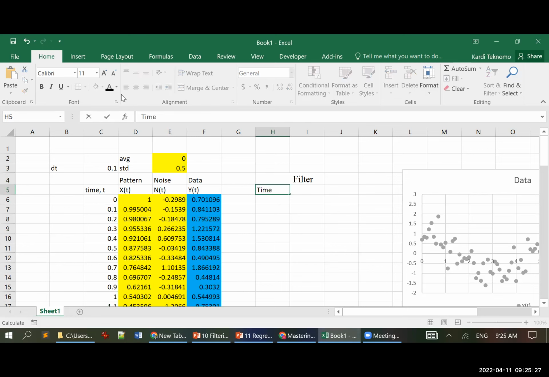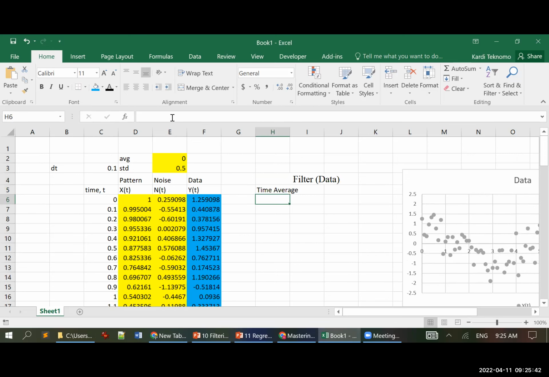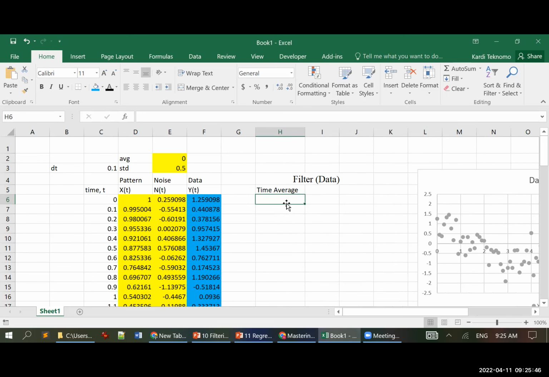So I have a time average. What is time average? Time average of the data. How do you do time average? Initially, I will copy the data.